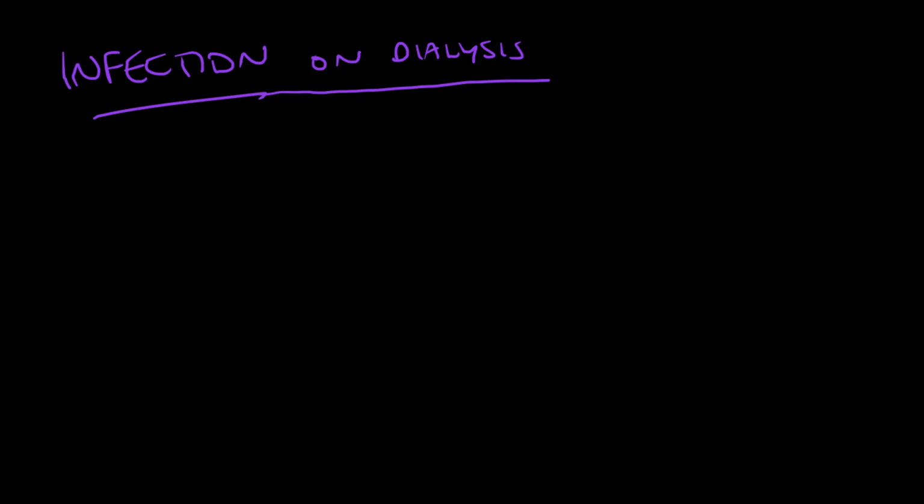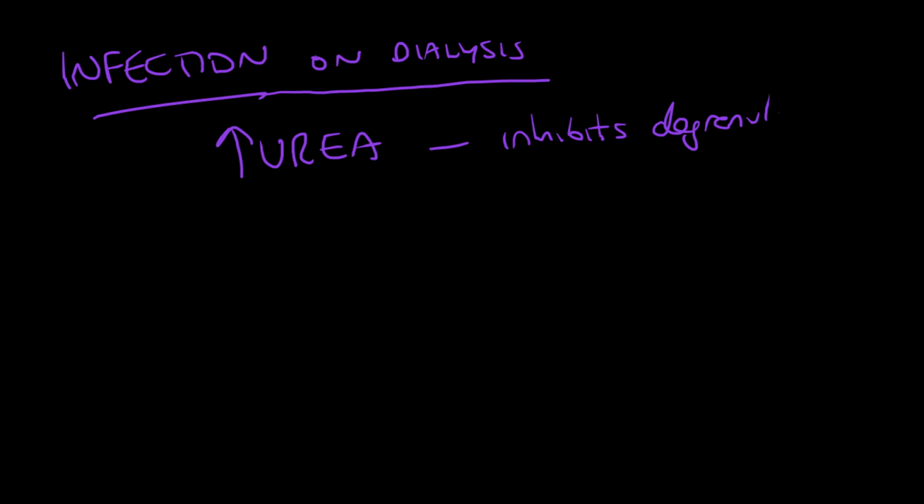But whenever you have a high level of urea, so hyperuremia in the body, it inhibits degranulation of white blood cells, so it stops them working, so that you are more at risk of infection. It also increases your bleeding risk.